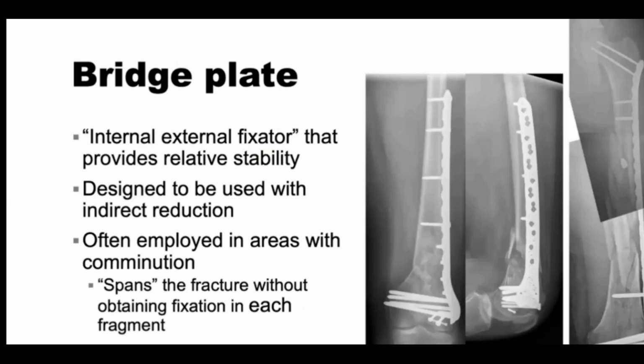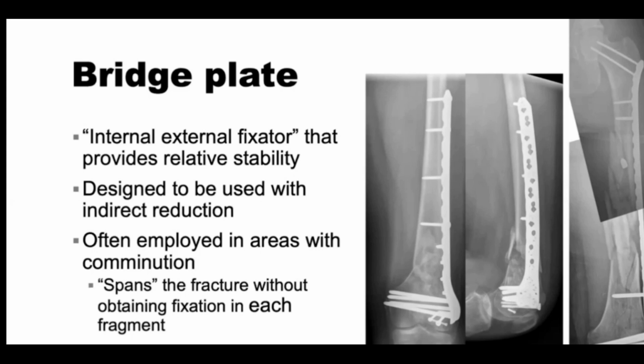So let's start by talking about a bridge plate. You may hear bridge plates called internal external fixators, because they're constructs that provide relative stability to a fracture site, very similar to an external fixator. And you'll recall that on our continuum of stability, the bridge plate was pretty far to the left, which was the relative stability side. And that's because it's designed to be used with an indirect reduction.